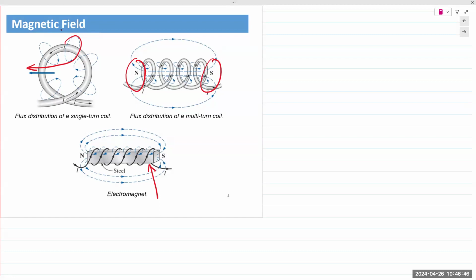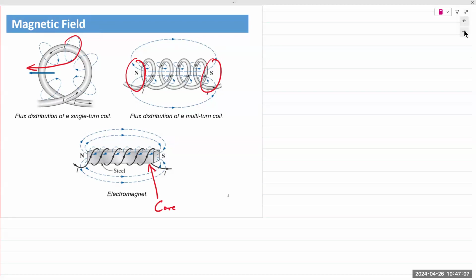The magnetic field established is very strong, sometimes even stronger than a permanent magnet. So again, that's the working principle of an electromagnet. That material would be known as the core because it's going to the core of the spiral loop.